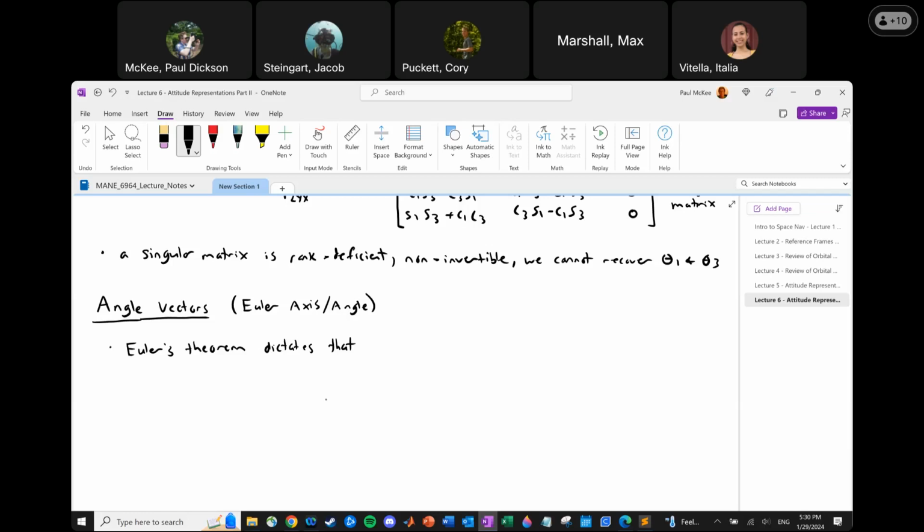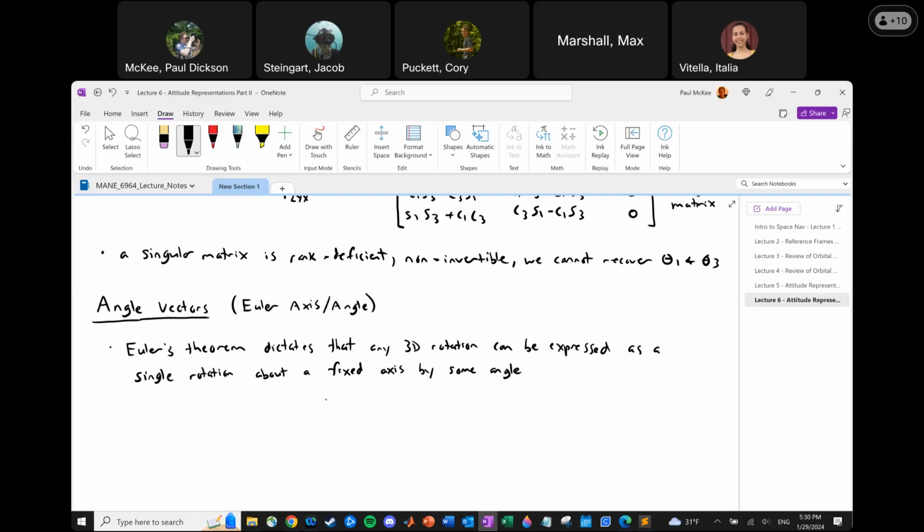It's also true that any 3D rotation or any even more complicated rotation can be expressed as a single rotation about a fixed axis by some angle, hence the Euler axis angle.